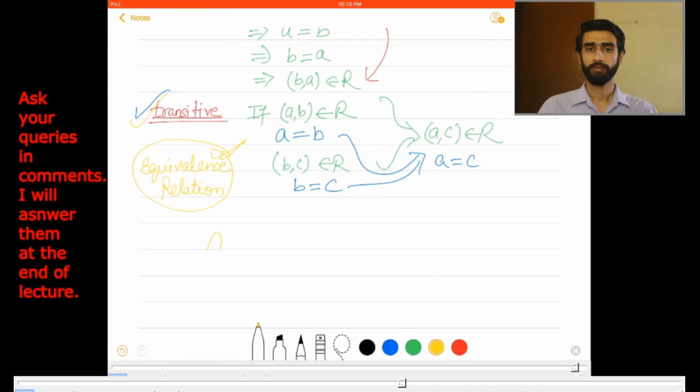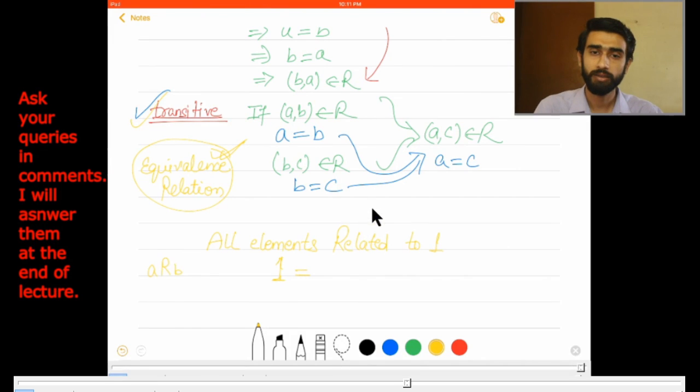In this, what will we do? We will now see that this relation is an equivalence relation. So, all elements related to 1. इस क्वेश्चन में फिर एक और चीज पूछी इसने कि all the elements related to 1. 1 से कौन से elements related हैं. Now you will see, कोई भी element B से related होगा A related to B when A equals B. And he is asking कि 1 से कौन से related हैं.